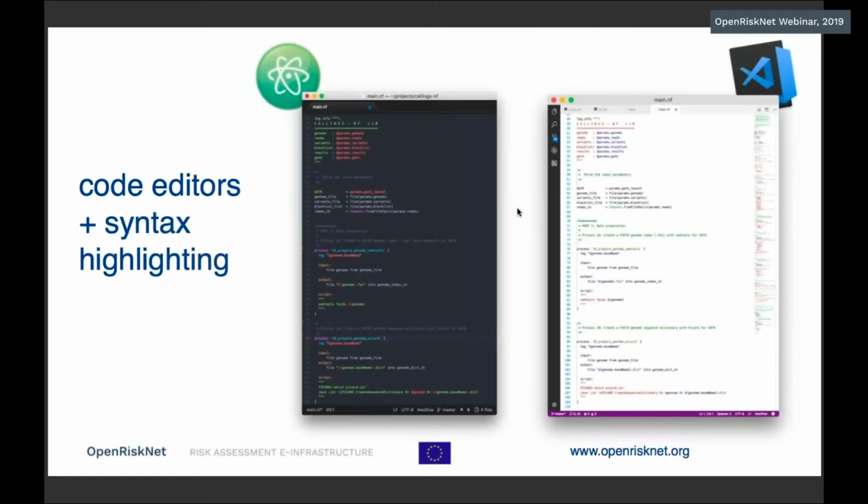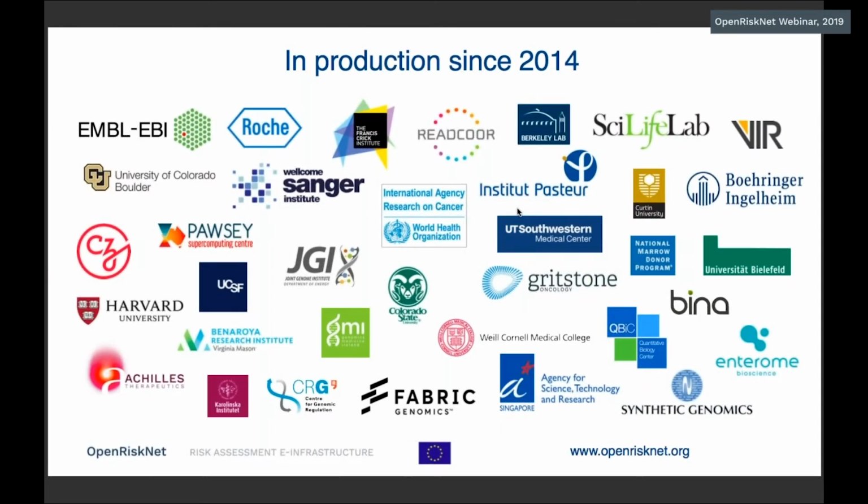There are some syntax editors if you want to write pipelines, and Visual Studio Code is quite good because it has remote access, so you can SSH into, for example, the OpenRiskNet virtual infrastructure and write your code there using the SSH connection. It's very widely used.